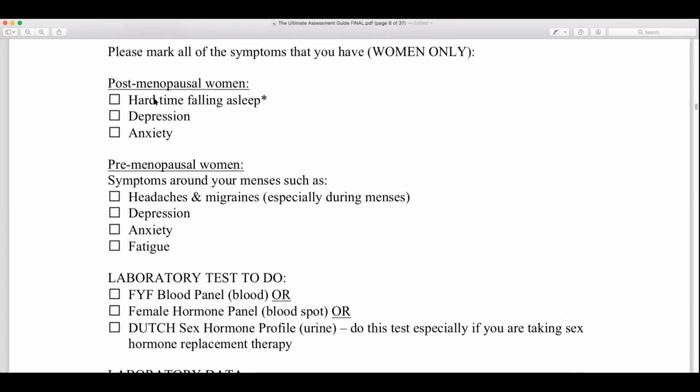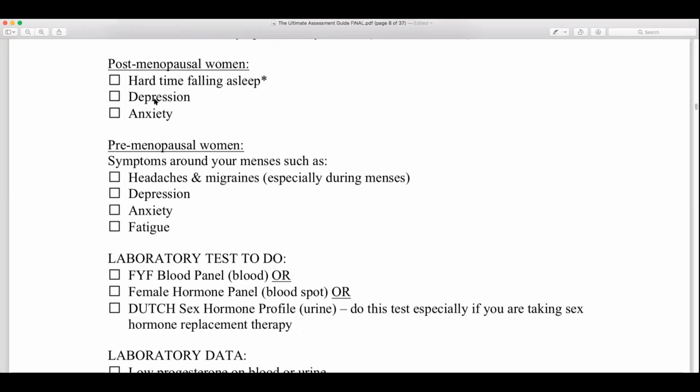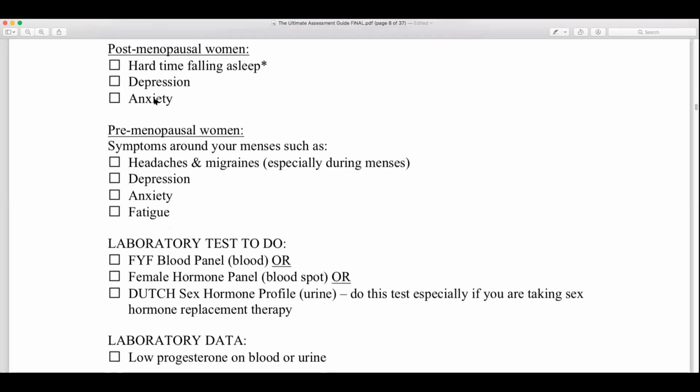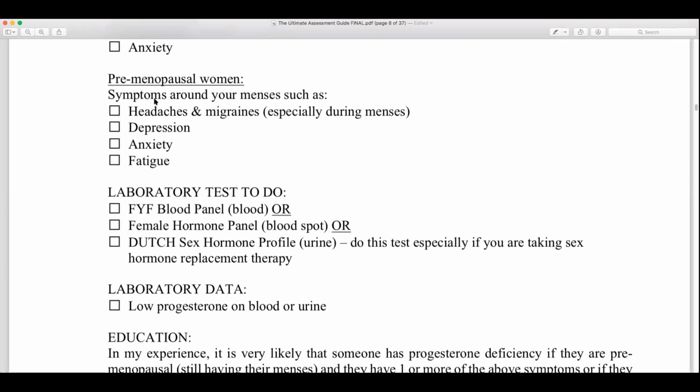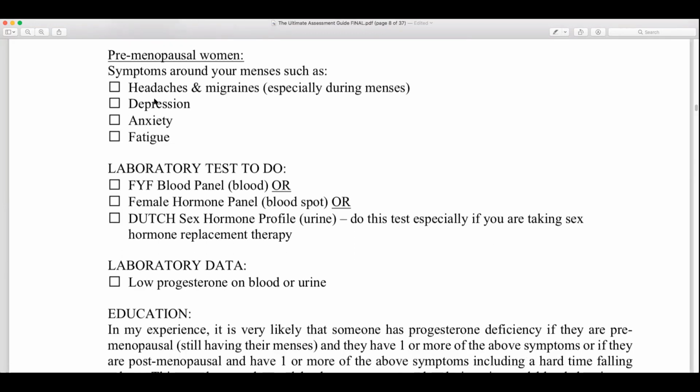Progesterone is known as the cuddle hormone, so it helps with mood issues. For premenopausal women, symptoms around your menses can include headaches and migraines. Sometimes this happens as soon as somebody has their period, or sometimes it happens around day 18, 19, 20. That's the point at which progesterone is at its highest.